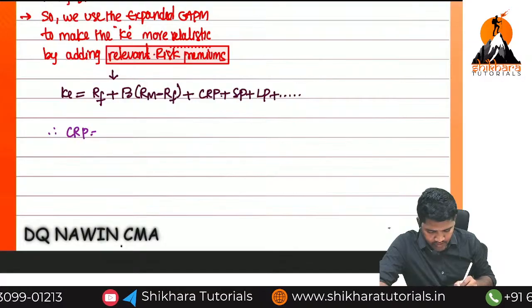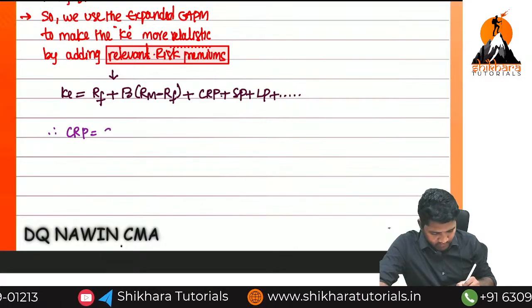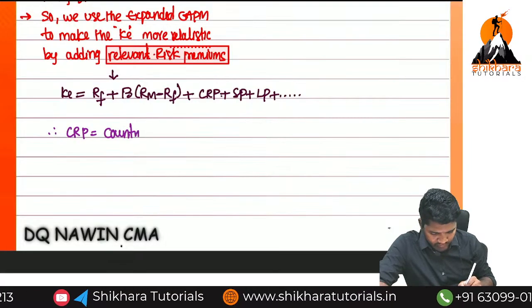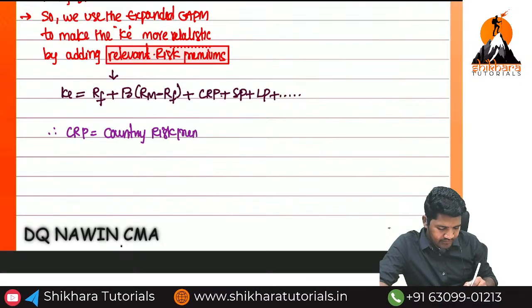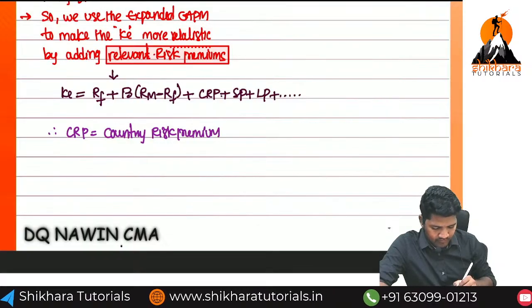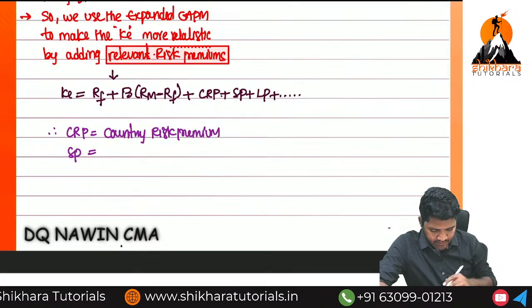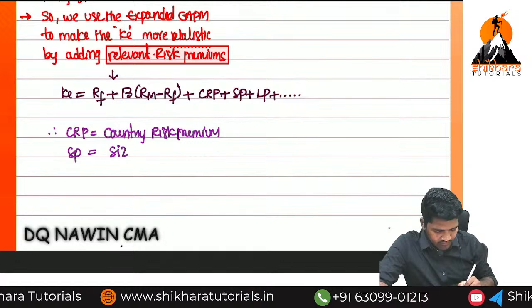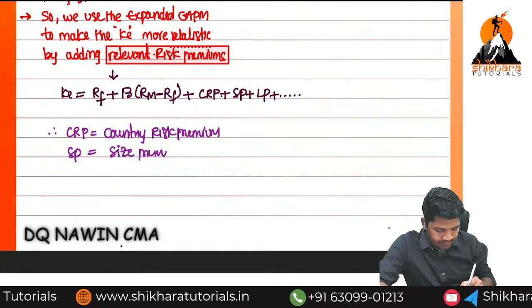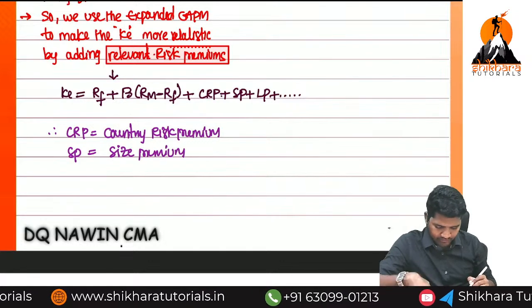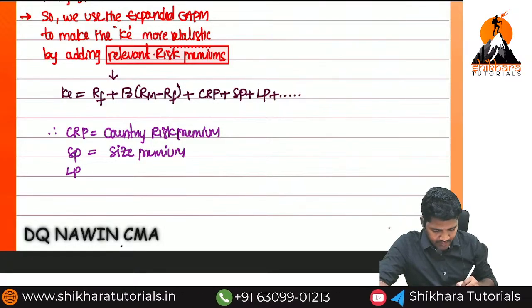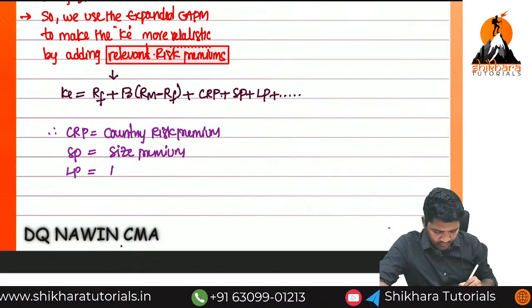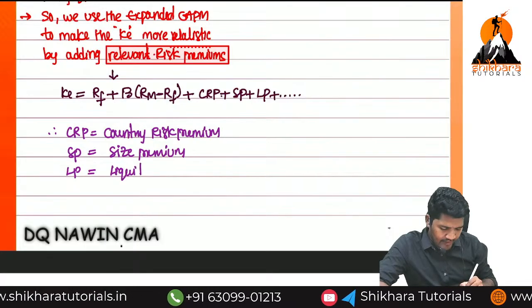CRP equals country risk premium, SP represents size premium, LP represents liquidity premium.